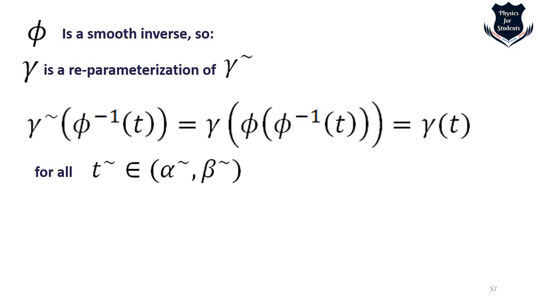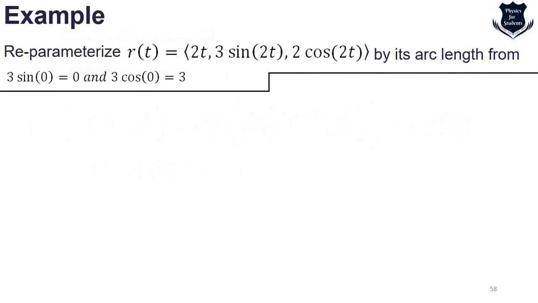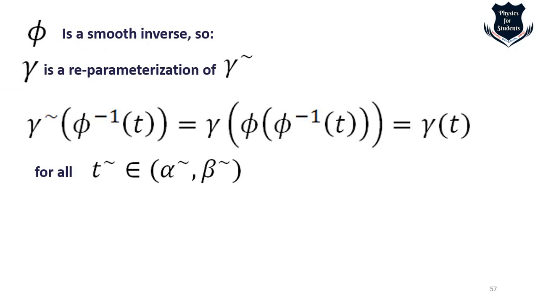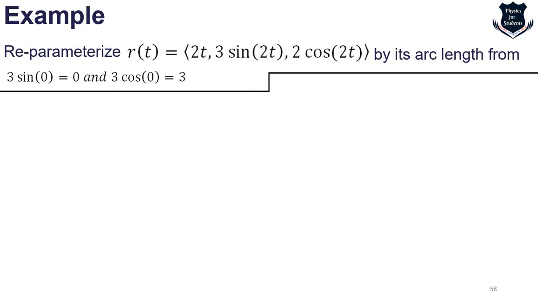So the two curves that are re-parameterizations of each other have the same image, so they should have the same geometric properties. This is what is important. I repeat, two curves that are re-parameterizations of each other have the same image, so they should have the same geometric properties.